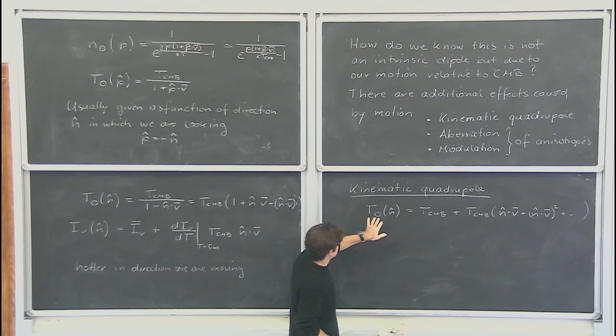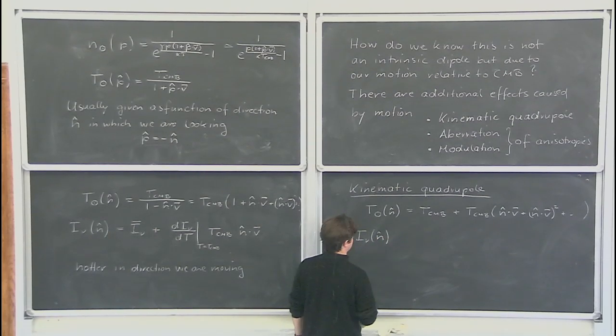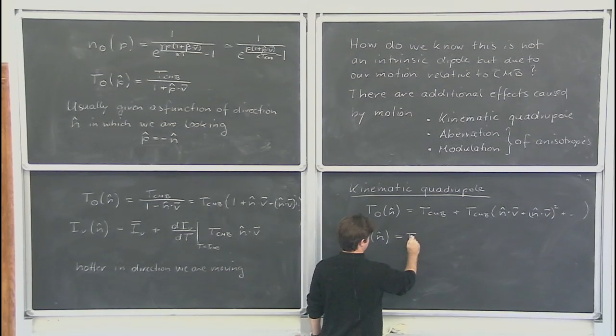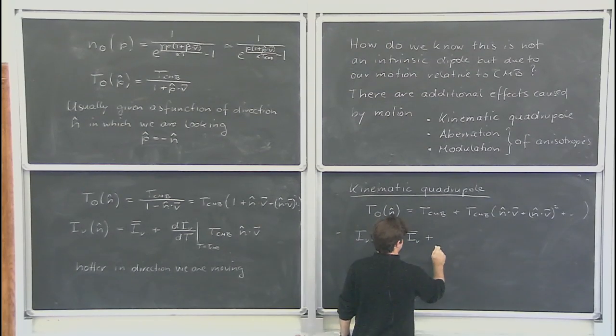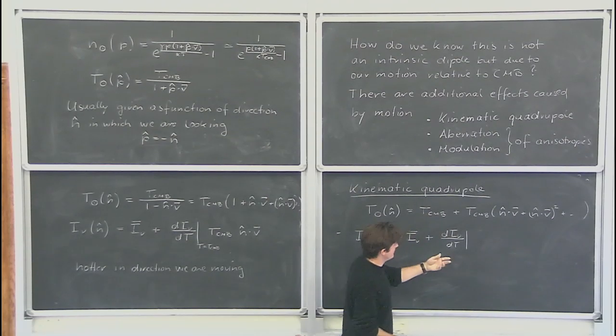And then again, we're not directly measuring the temperature, but we're measuring the intensity at a given frequency. And so we can expand that. In this case, we have to expand it to one order higher. And so if we expand it, again, there's the constant piece that's independent of position in the sky. Then there is in our Taylor expansion dI/dT, and this will mean that I'm evaluating it at the CMB temperature, times the temperature fluctuation.